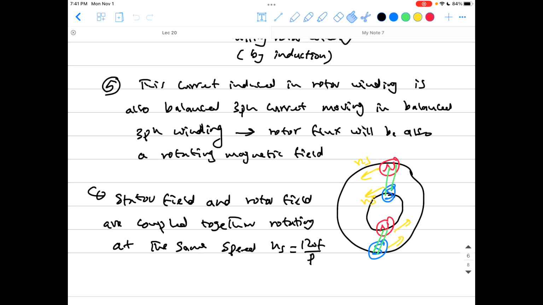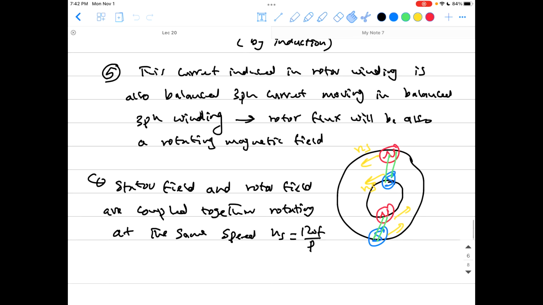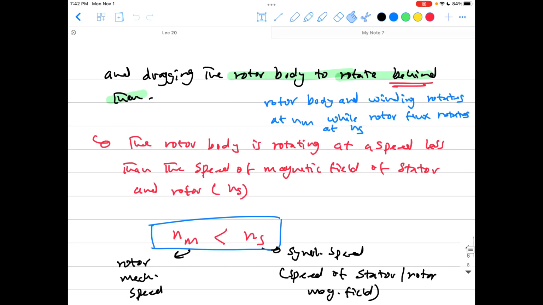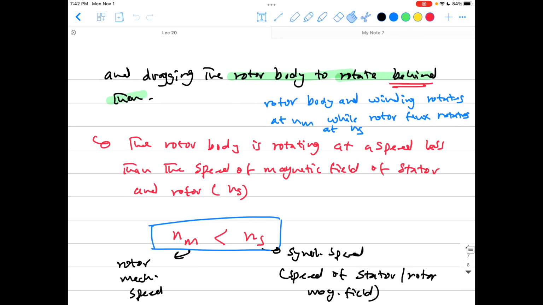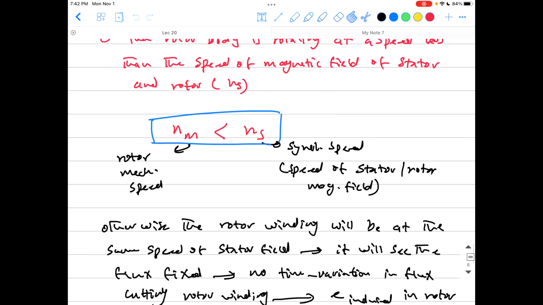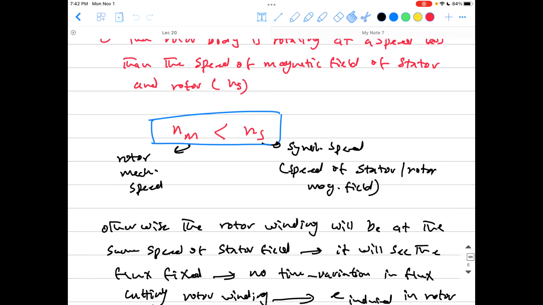Both pole sets, the stator pole set and the rotor pole set, will be magnetically coupled together and rotating at the same speed. And this will drag the rotor body itself to rotate behind them. And we said last time that it has to be running behind them, so the actual mechanical rotor speed is a little bit less than the synchronous speed, which is the speed of the magnetic field of both the stator and the rotor.